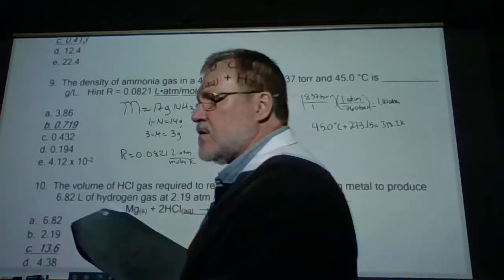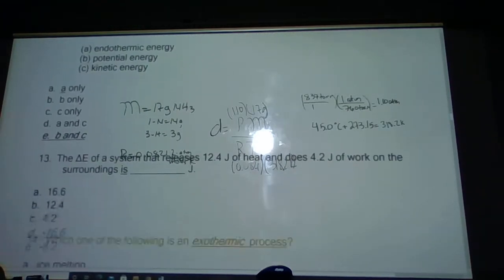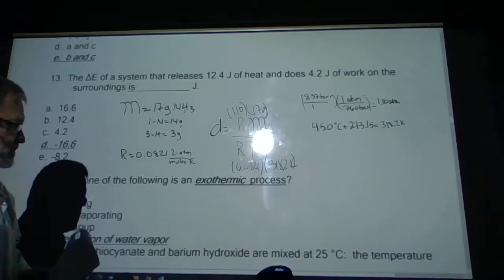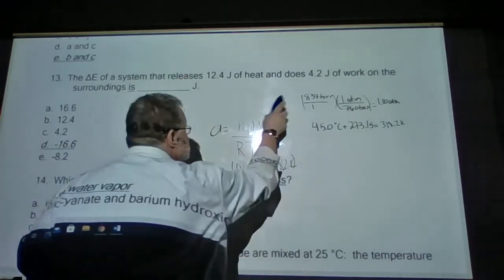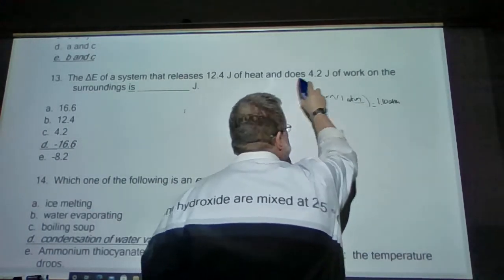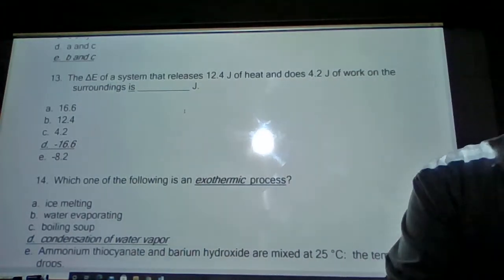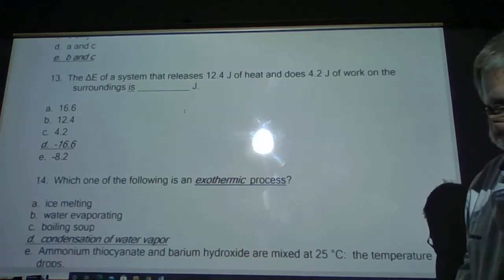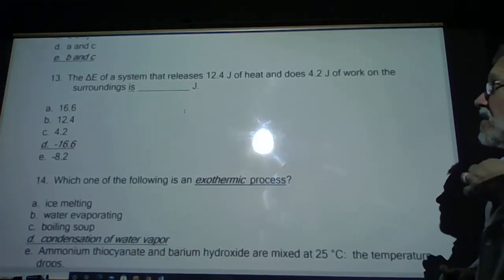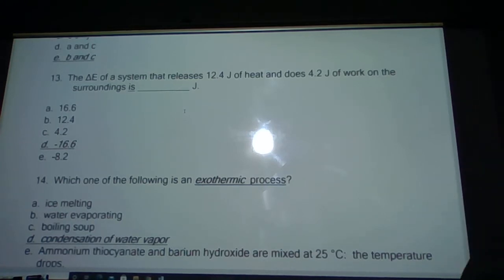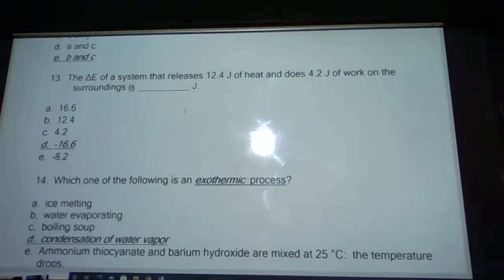The next problem I'd like to review is problem number 13. Problem says the change in energy that a system experiences is equal to 12.4 joules of heat energy that are given off.